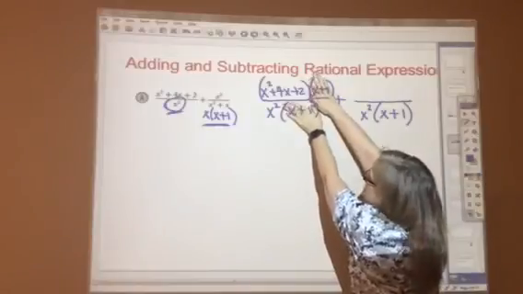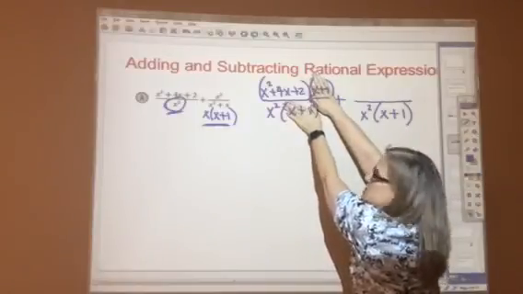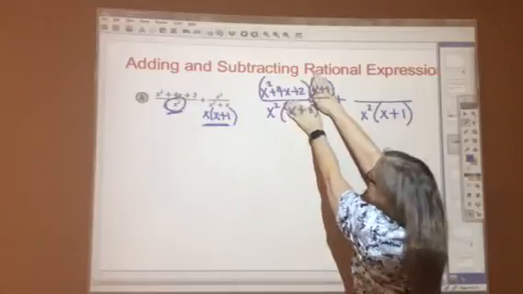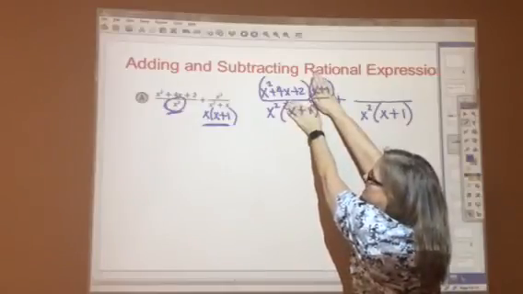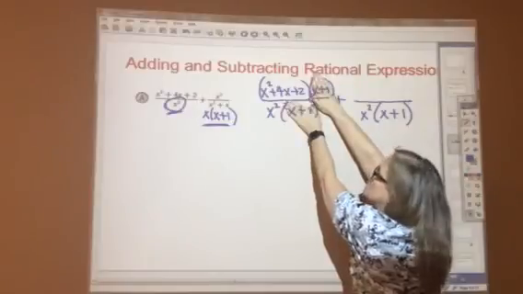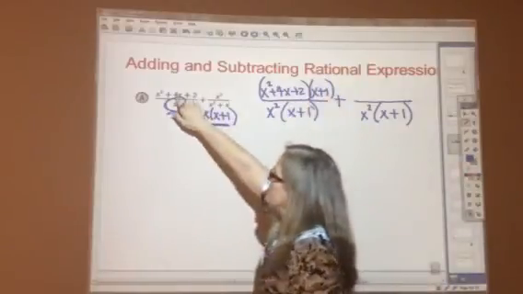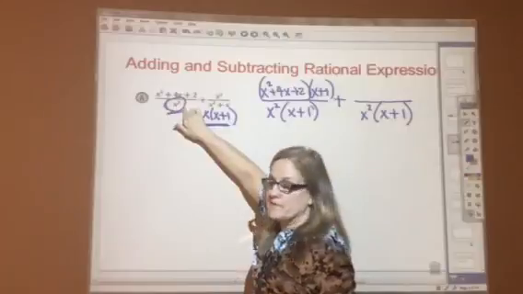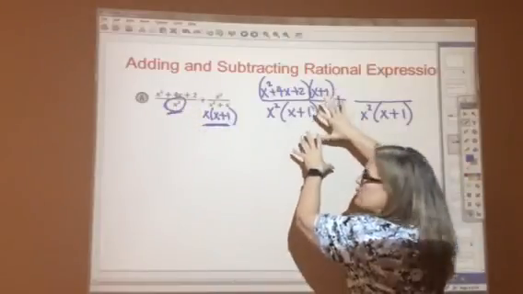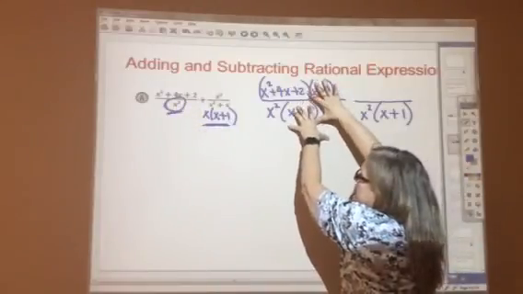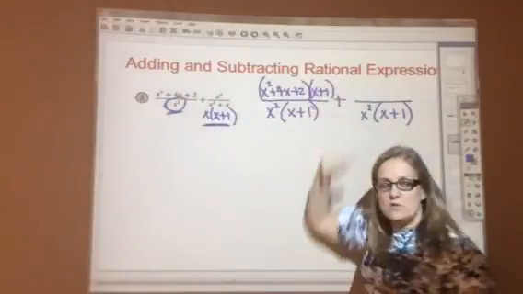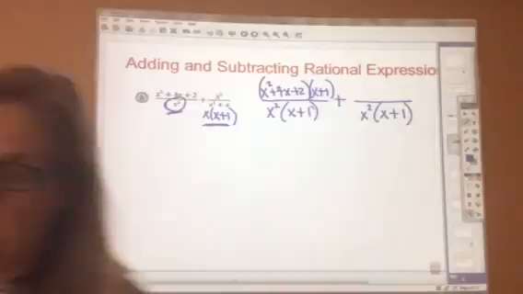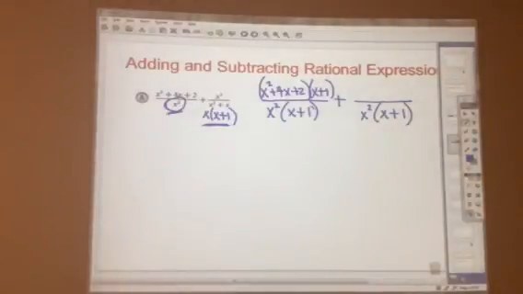If I cancel those out, which equal 1, look what I have left: x squared plus 4x plus 2 over x squared. Isn't that what it says right there? Yes. So I really didn't change anything. I just multiplied by something equal to 1, which is legal.